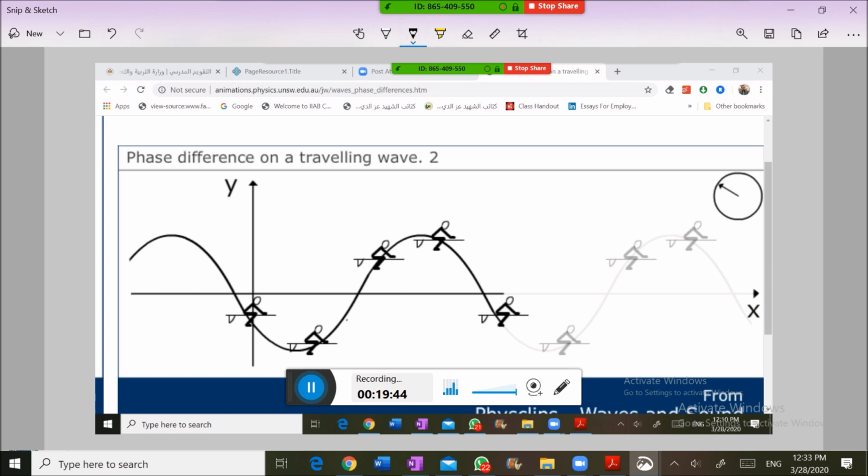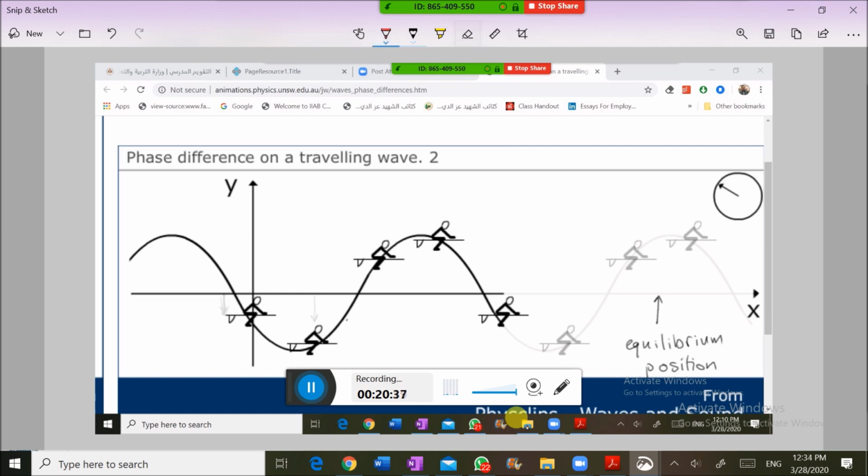This line is called the equilibrium position. Equilibrium what? Position. Guys, the equilibrium position means there is no disturbance, and if there is no disturbance, all the particles lie on this line. Okay, fine. If there's a disturbance, the particles will be displaced from the equilibrium position.